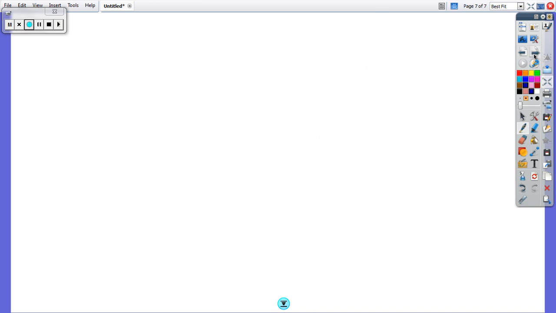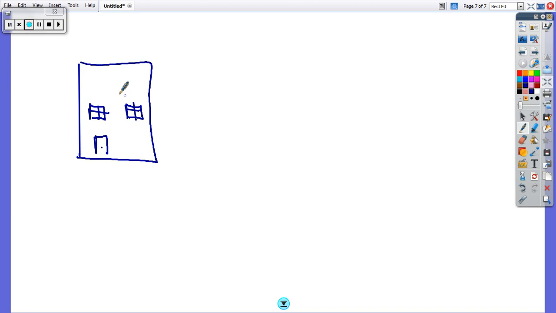Sometimes you might get a question, and this is what they call a real-world question. Let's pretend this is some type of building. It has windows and whatnot, and it's a really, really tall building, so you really don't have a ladder that can get to the top to measure the building.